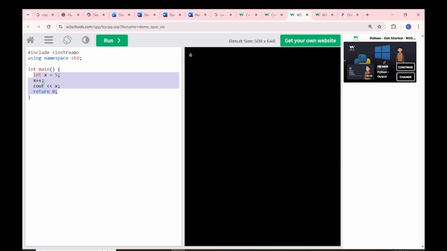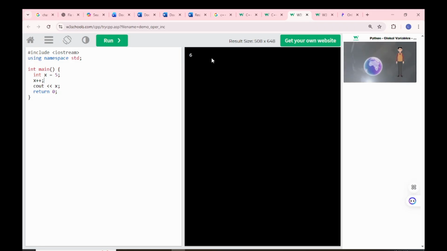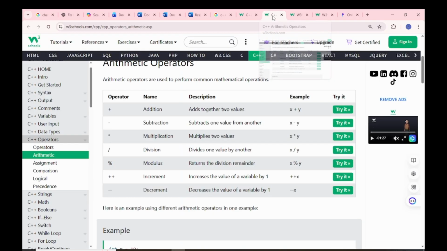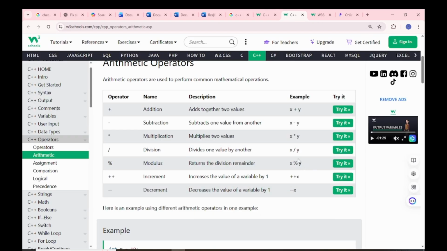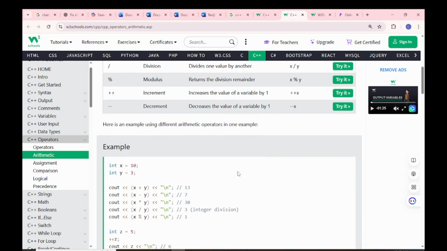But when you put ++ after x, then x is considered first, and then it is increased. But when you do ++x, first of all it increases its value, and then it prints x. Then --x, decrement, increment.